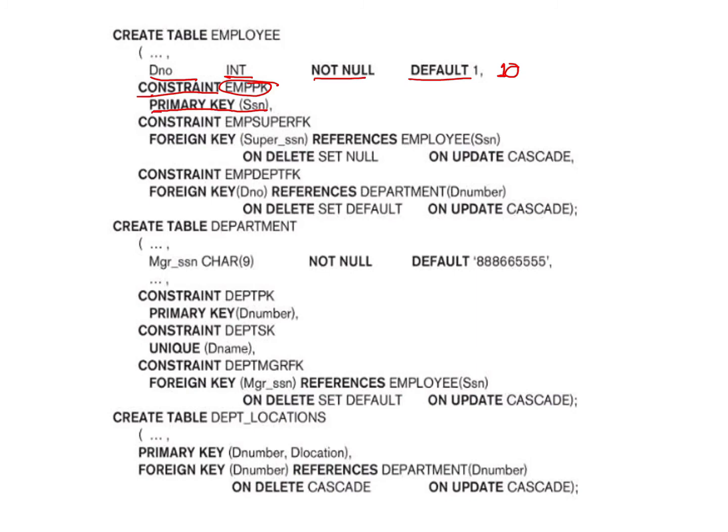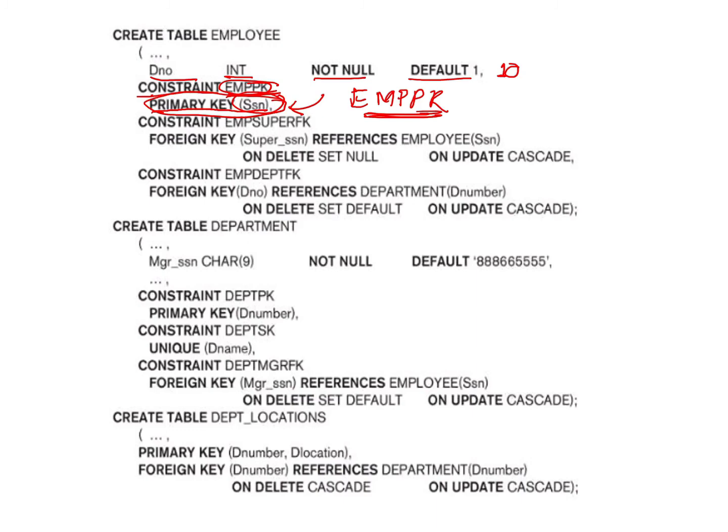So then I say primary key is ssn. So that means this entire thing has been given a constraint name. This constraint has been named as emppk. So I can do any kind of manipulation. The moment I see emppk, it will definitely refer to this particular constraint.